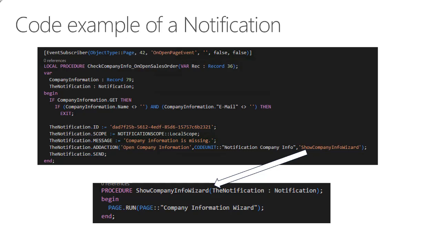That procedure, show company info wizard, runs the wizard. By the way, it also interacts with the assisted setup. Assisted setup reacts to the values in company information. So if you open the assisted setup screen after you've run it from the notification, it'll know. It's completely interactive with that system.